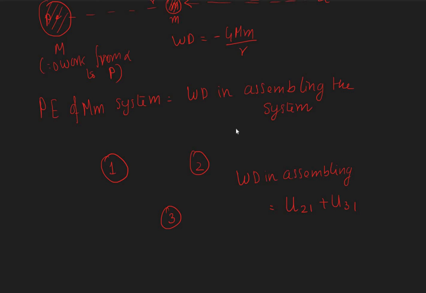So you're bringing 2 and 3 from infinity to their respective positions, and when you're bringing 3, you need to consider you're bringing 3 against the field of 2 as well. So you're bringing first 1, then you bring 2 against the field of 1, and then you bring 3 against the field of 1 and 2. So this is the work done in assembling the configuration.